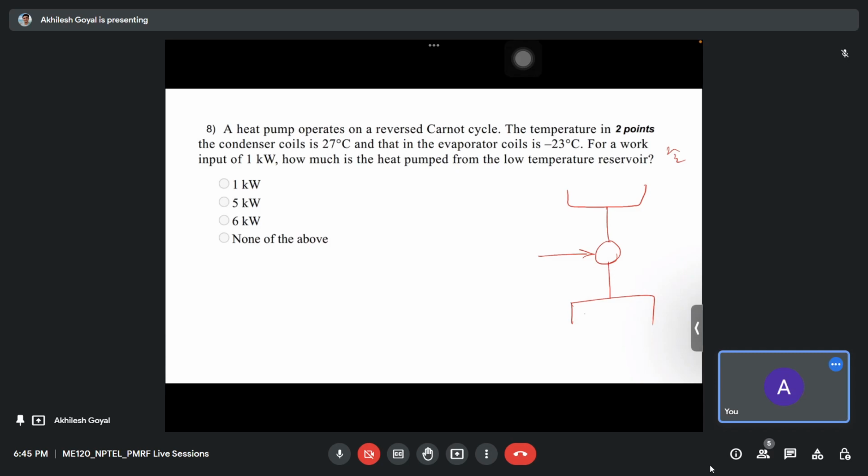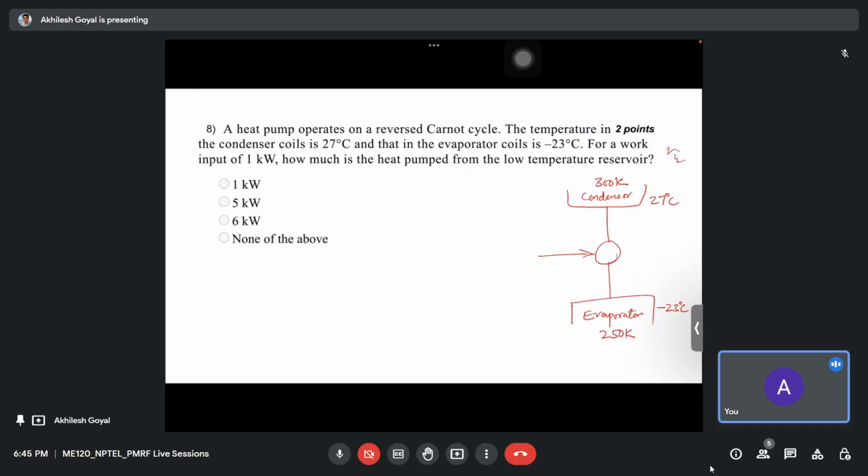So it is an evaporator, and this is the condenser. The condenser works at 27 degrees centigrade, that can be written as 300 Kelvin, and the evaporator works at minus 23 degrees centigrade, that can be written as 250 Kelvin.